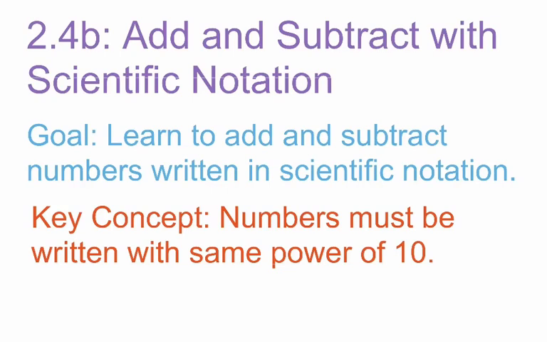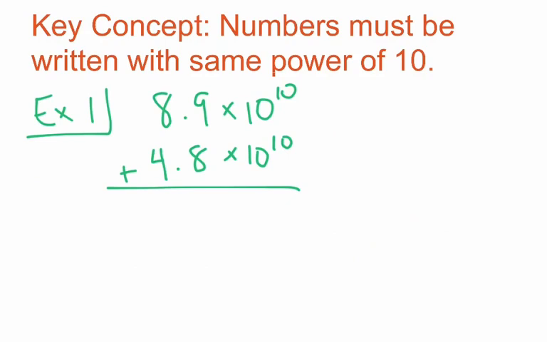For our first couple examples, we're going to look at some problems where we're adding numbers together that are written in scientific notation. For our first example, we have 8.9 times 10 to the 10th plus 4.8 times 10 to the 10th. What we're going to do here is bring our 10 to the 10th right down. We're not going to do anything to that.